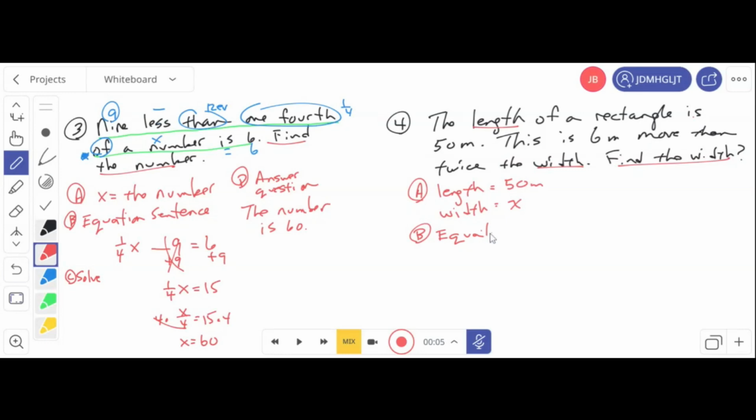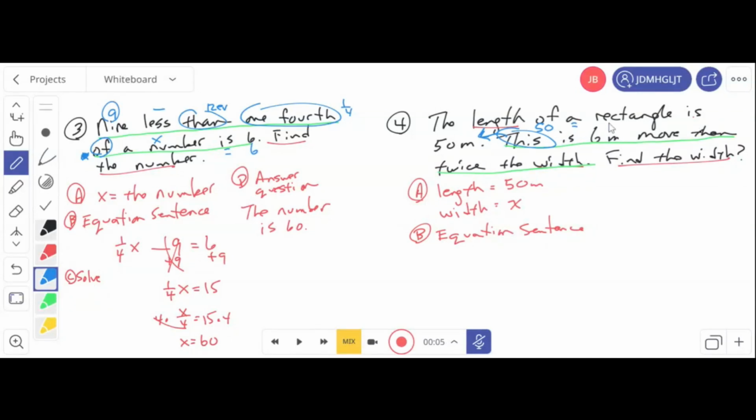Our equation sentence: this is 6 meters more than twice the width. The first sentence is not the equation sentence because it's just telling us the length is 50. That's just given information. So the word this refers to what was mentioned in the first sentence, 50. So the word this means 50.